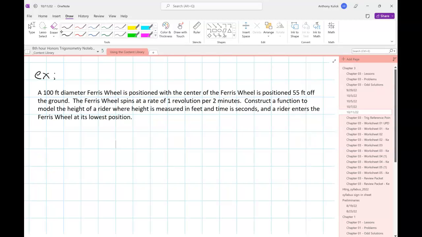So, let's start by maybe drawing ourselves a picture, right? So, here's going to be my Ferris wheel. And we'll call this spot here, looks like about the center.